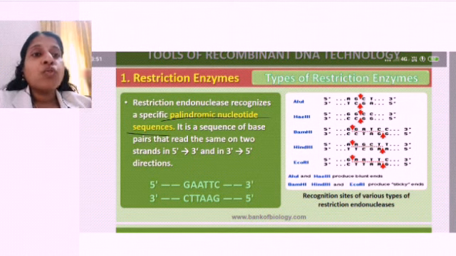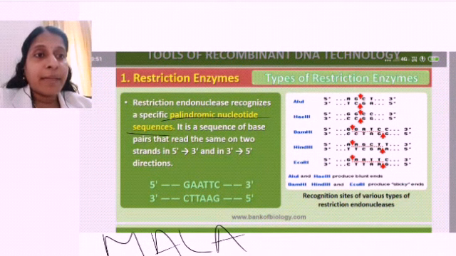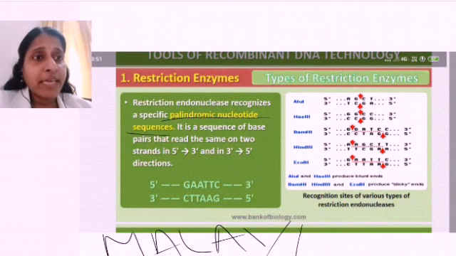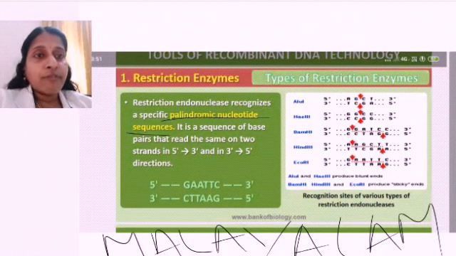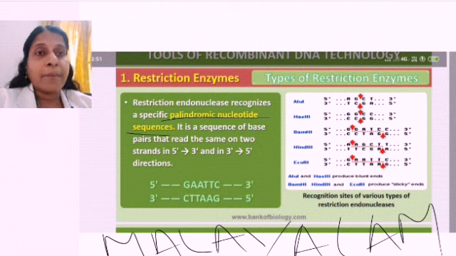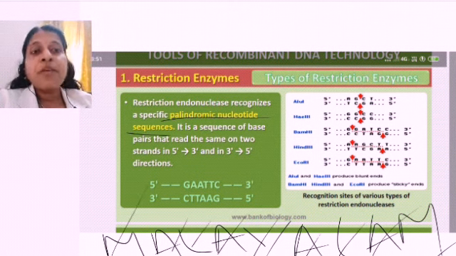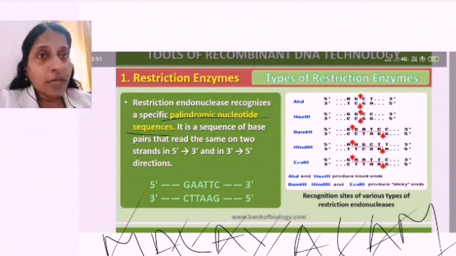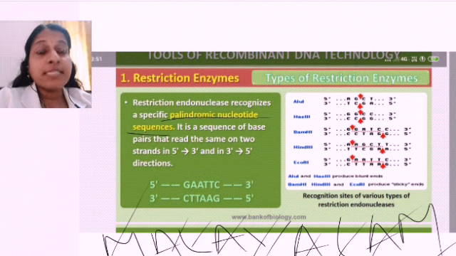Okay, so what do you mean by palindromic? Palindrome. For example, Malayalam. If you are reading from the front to the back, you can find it is written as MALAYALAM. Now come from the back to the front, the same sequence is written, MALAYALAM. Which means whether you read it from the front to the back, or from that side to this side, both ways it's the same.